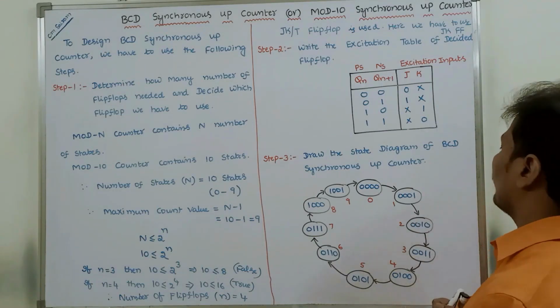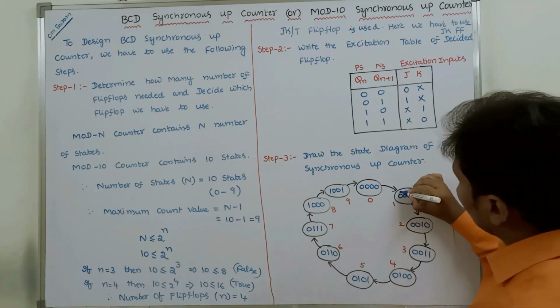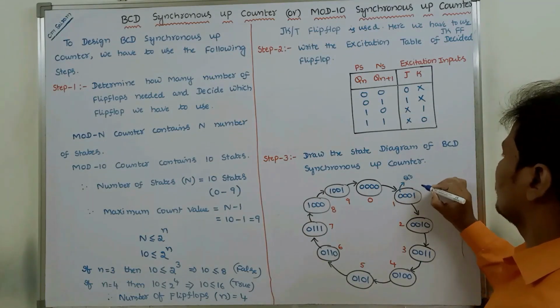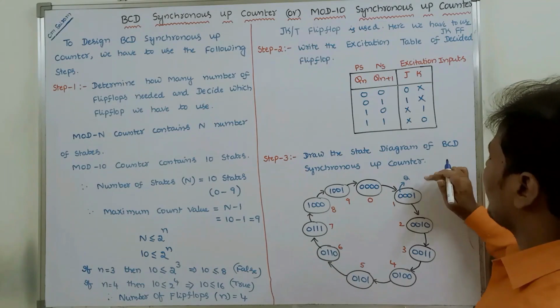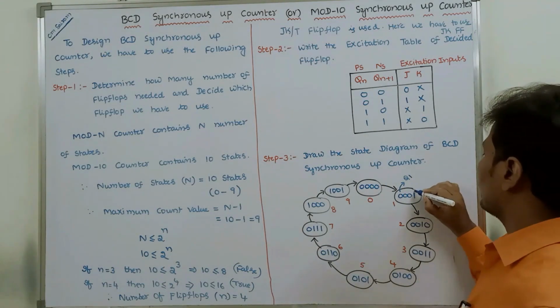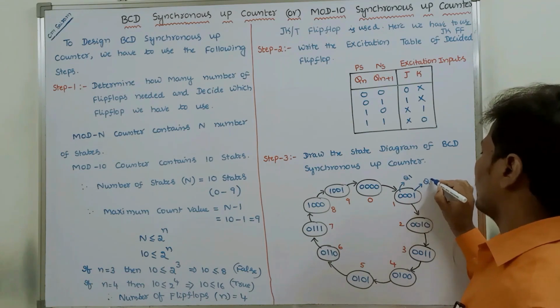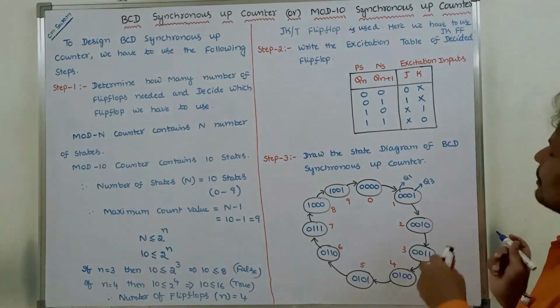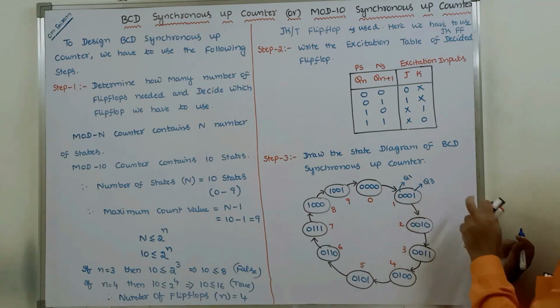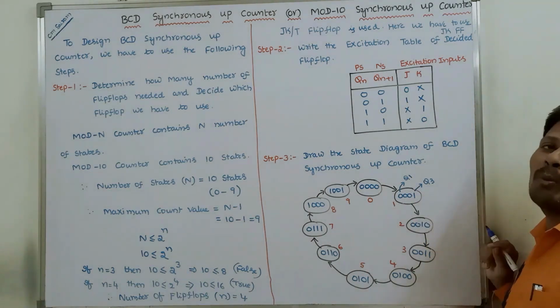In those 4 bits, this bit is called the Q3 bit. Sorry, this bit can be treated as Q1 and this bit can be treated as Q3. You can use your own way. No problem at all.